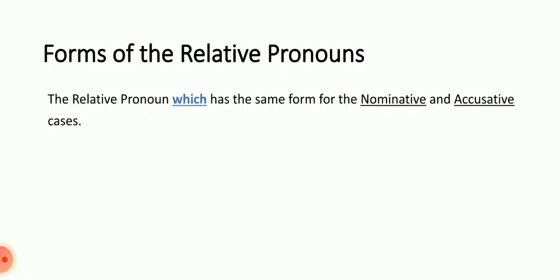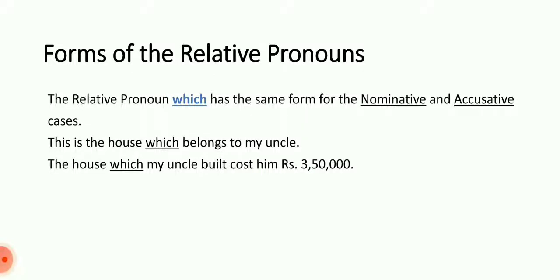The next relative pronoun is which. The relative pronoun which has the same form for the nominative and accusative cases. Whether it is used as nominative case or accusative case, the relative pronoun which will remain the same.